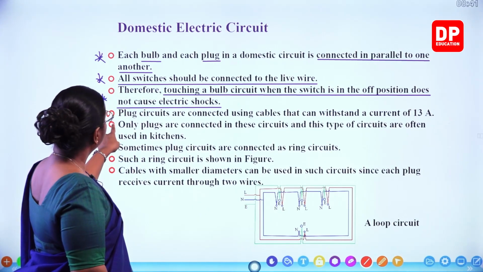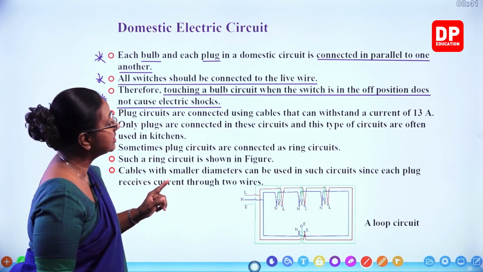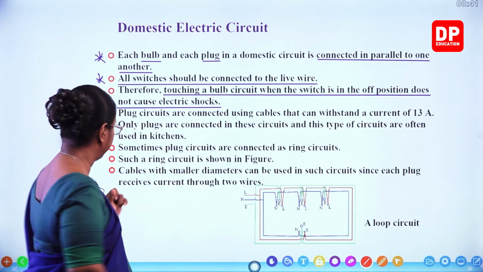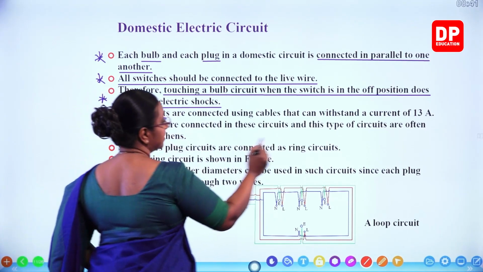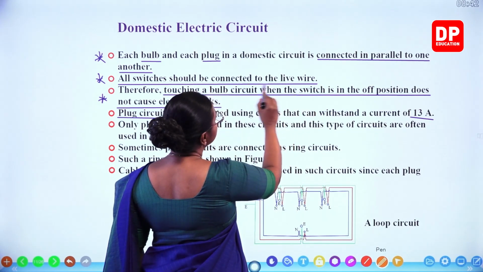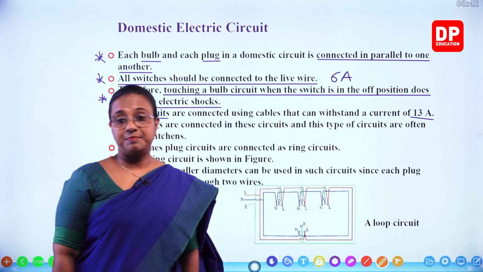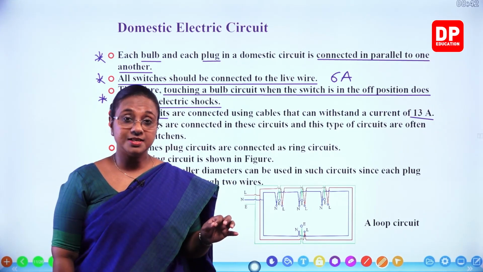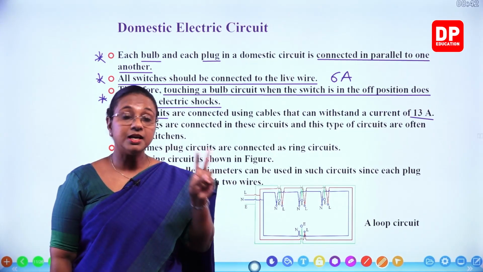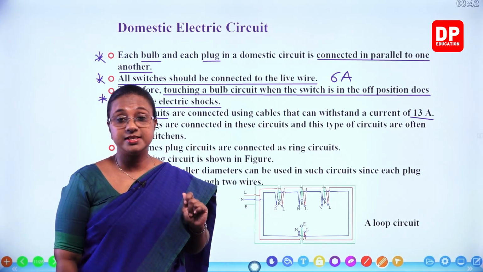Then plug circuits are connected using cables that can withstand a current of 13 amperes. Now, plug circuits, 13 amperes. Like I told you, students, if you remember, light circuits are a maximum of 6 amperes. To a light circuit you can connect 2 plug sockets, but with a maximum current of 6 amperes.